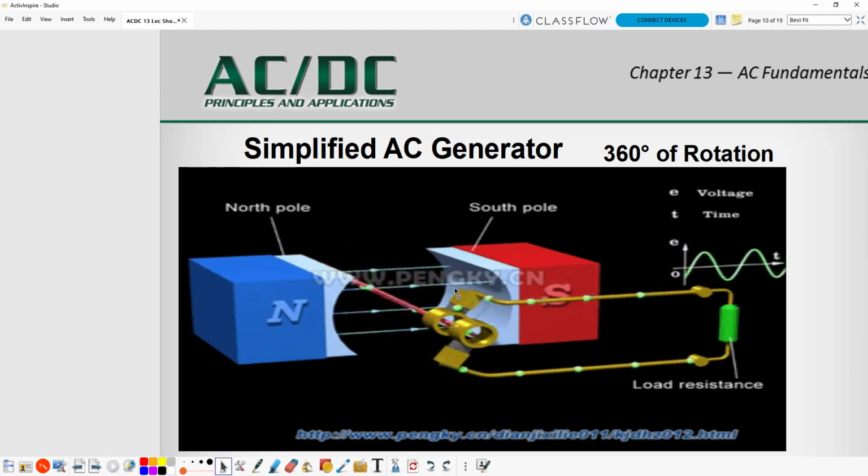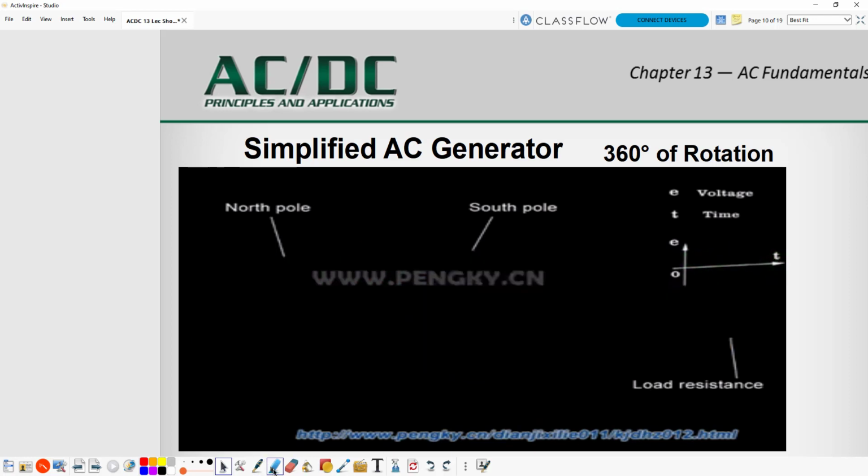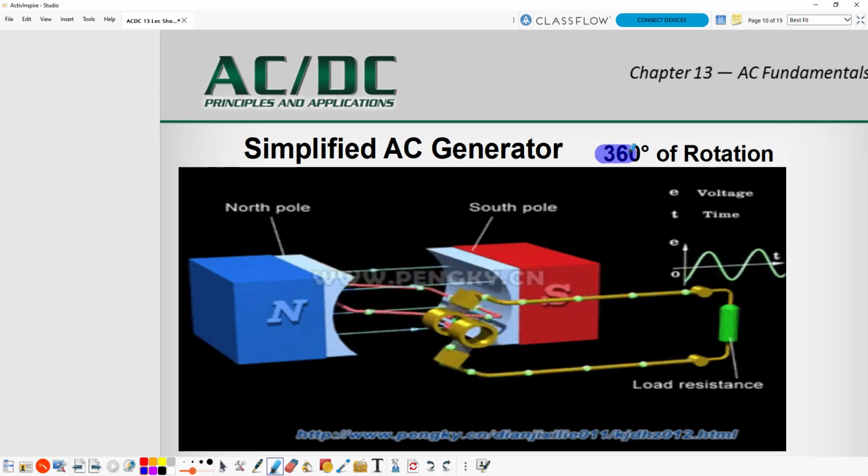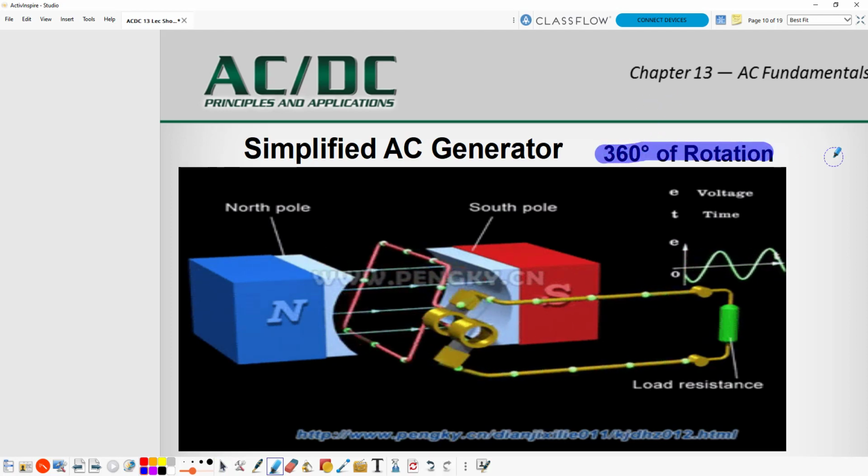This wire's rotation inside this magnetic field will generate an AC voltage, and it will go through a full 360 degrees of rotation. We're going to look closely at that 360 degrees of rotation here in a second. Understanding the 360 degrees of rotation is important for you to be able to do the math in Chapter 15.